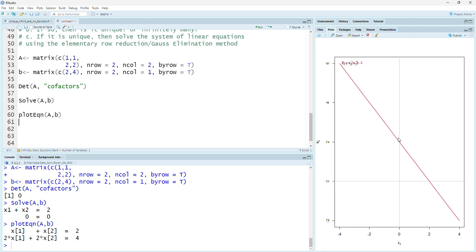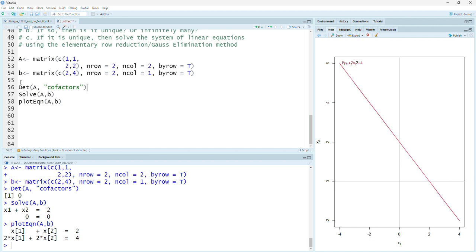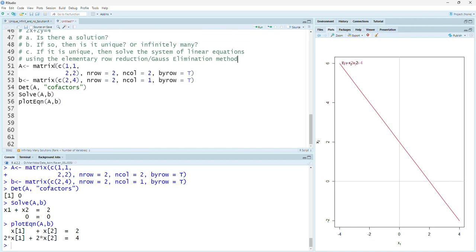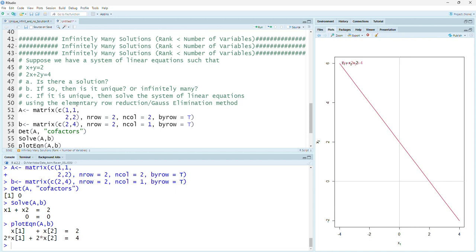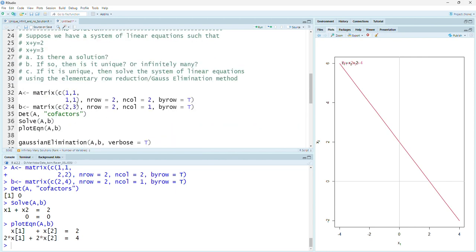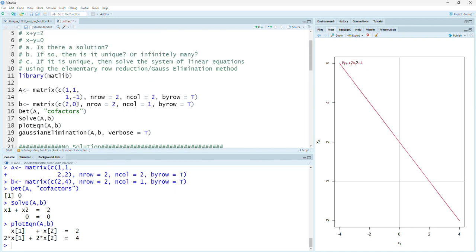But in this particular case, the red and the black lines are parallel, but they are also intersecting each other at every point. All right, so these are three different examples: one, infinitely many solutions, then followed by no solution, and unique solution.